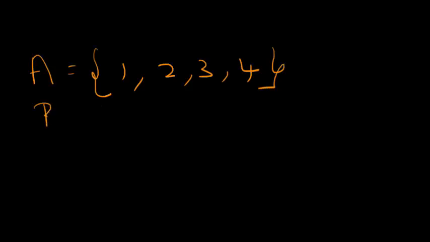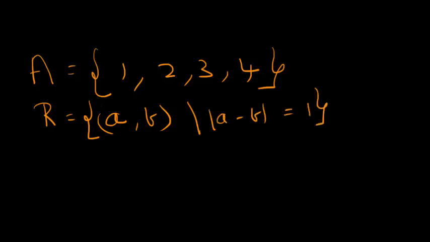Let us consider a set A as {1, 2, 3, 4}. Now, I'm going to define a relation R as ordered pairs (a, b) such that the modulus of a minus b is equal to 1. I'm picking very simple examples because I want you to understand the concept behind it.